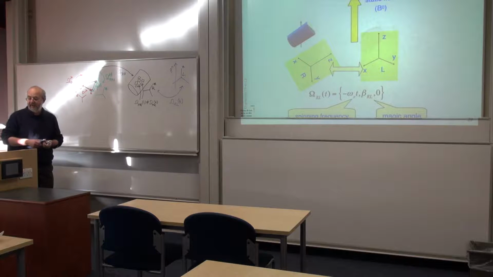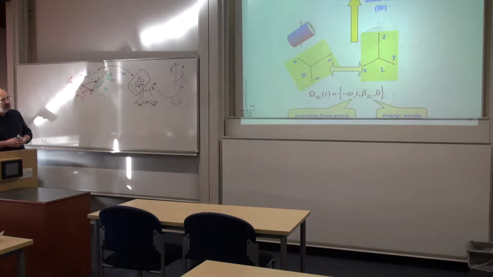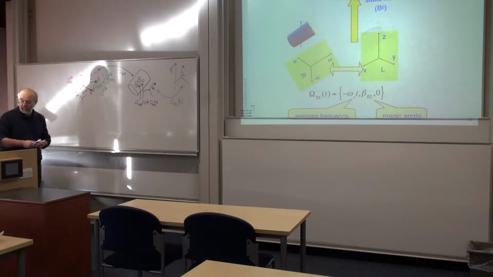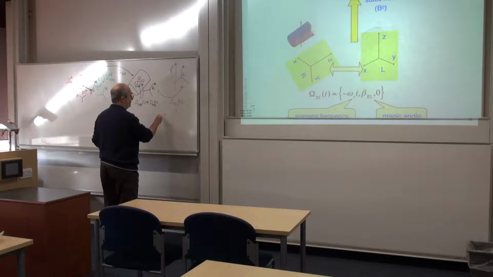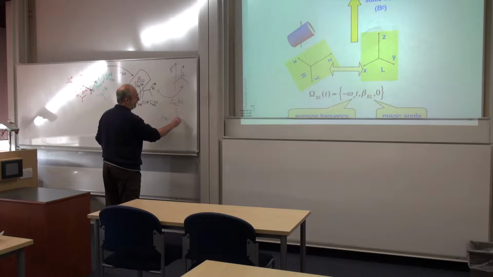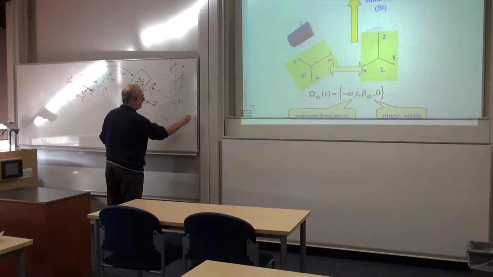And the key point is that the transformation from the rotor frame to the lab frame is time dependent, and we can do that with the three Euler angles: alpha RL, beta RL, gamma RL.